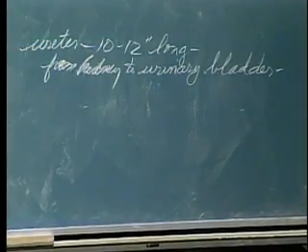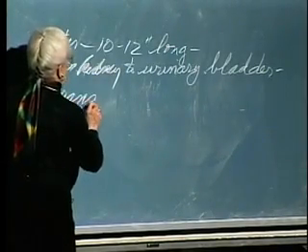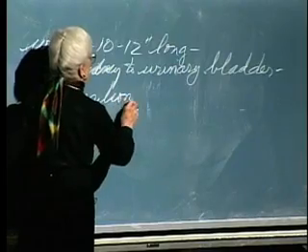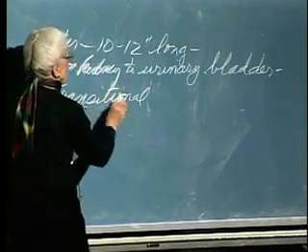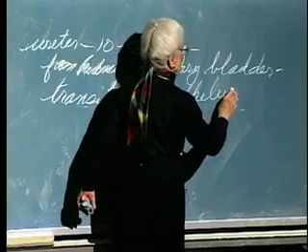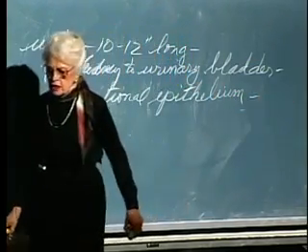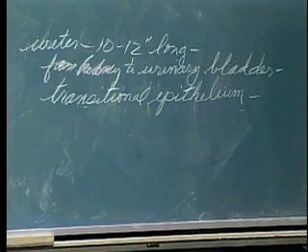And it will have what's called transitional epithelium. This is one we haven't encountered before. Transitional epithelium lines it. What does that mean? It means that it can change its shape.